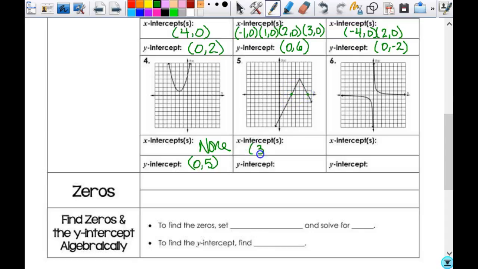So we're here at 3, 0, and 7, 0. My y-intercept, here's one of them, 0, negative 6. All right. X-intercepts on 6, none. Y-intercepts, none. Okay. We're all good on that.